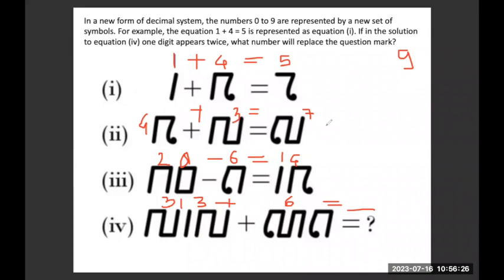So I'll say 0 is there, 1 is there, 2 is here, 3, 4, 5, 6, 7, 8, and 9. 8 and 9 are missing, it could be either 8 or 9.